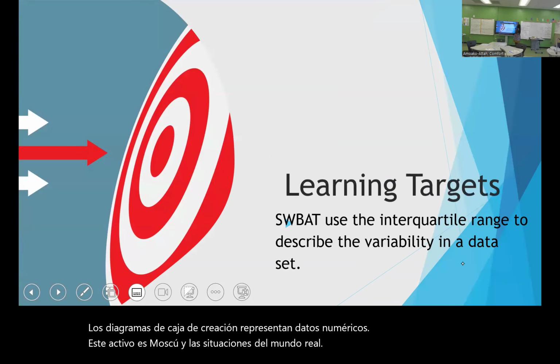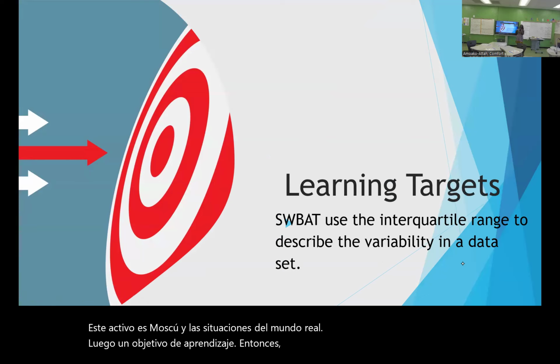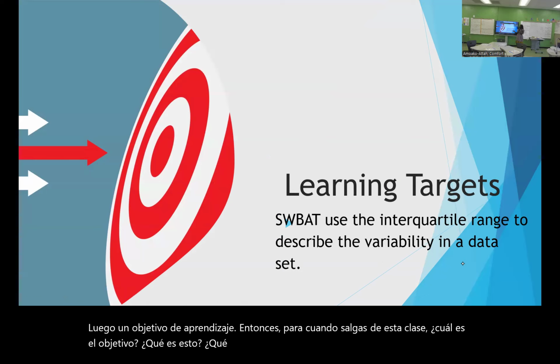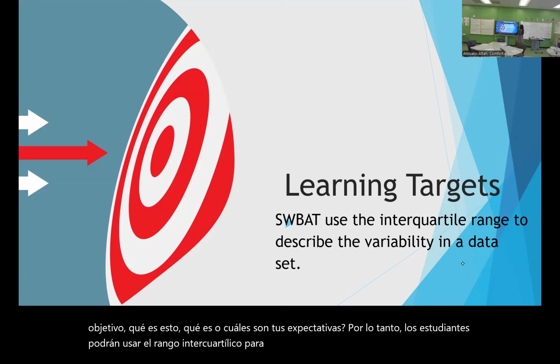Then our learning targets. By the time you leave this class, what is the aim? What are your expectations? Students will be able to use the interquartile range to describe the variability in a data set.